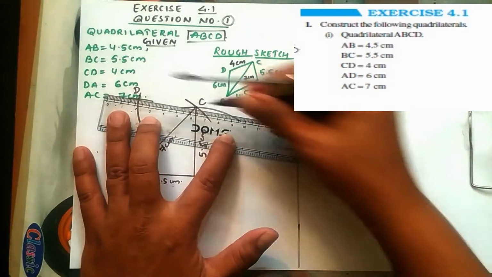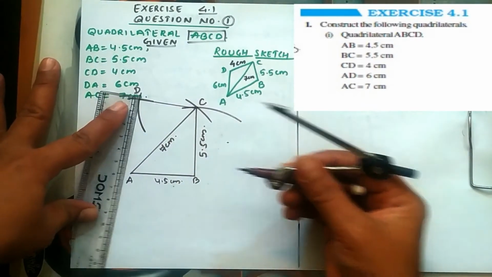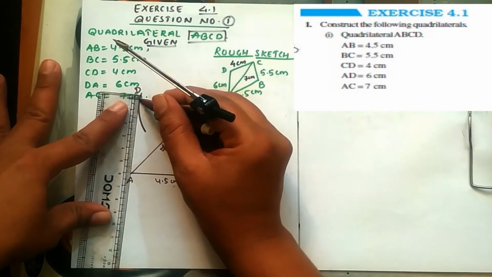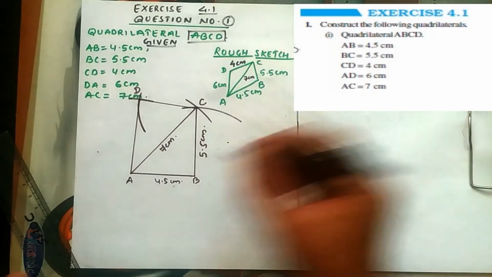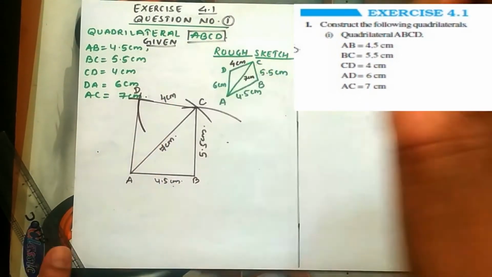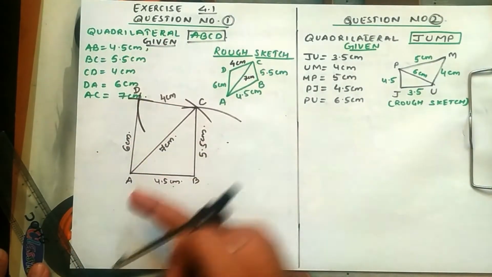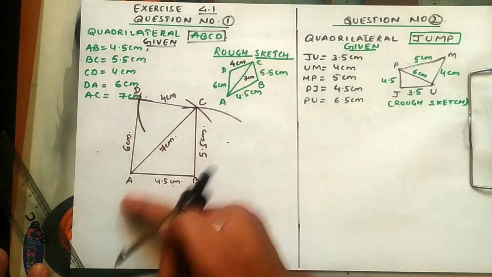After doing this, I am joining CD and AD, and in this way you have got ABCD, a quadrilateral with the given dimensions, 4 sides and 1 diagonal.